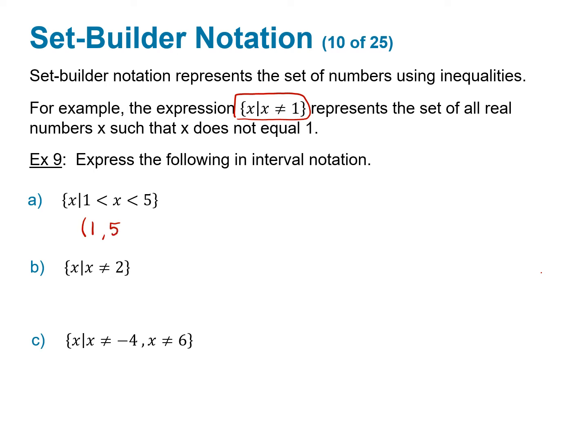Notice I use parentheses. The reason for my parentheses is because this is greater than and not greater than or equal to. This is less than 5. So it's greater than 1 and less than 5.